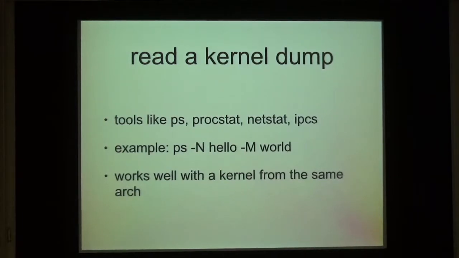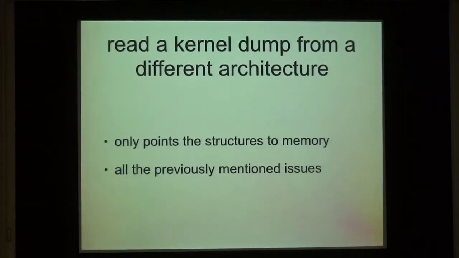And this works very well when you're examining a kernel that comes from your very architecture. The reason for that is that these tools basically point their structures, the kernel structures, or some sorts of these structures, to the memory. And here we come to those issues of differences between the architectures, because when I point my struct from a 32-bit architecture to a 64-bit one, all the memory alignment business will go wrong, and I will get wrong data.